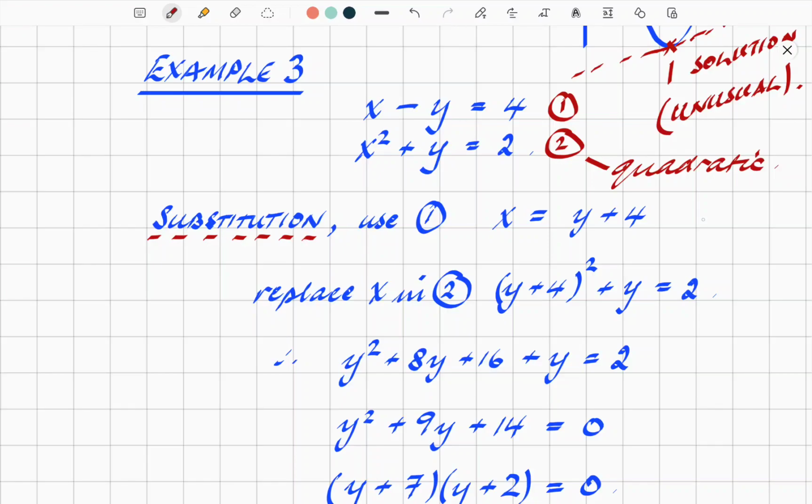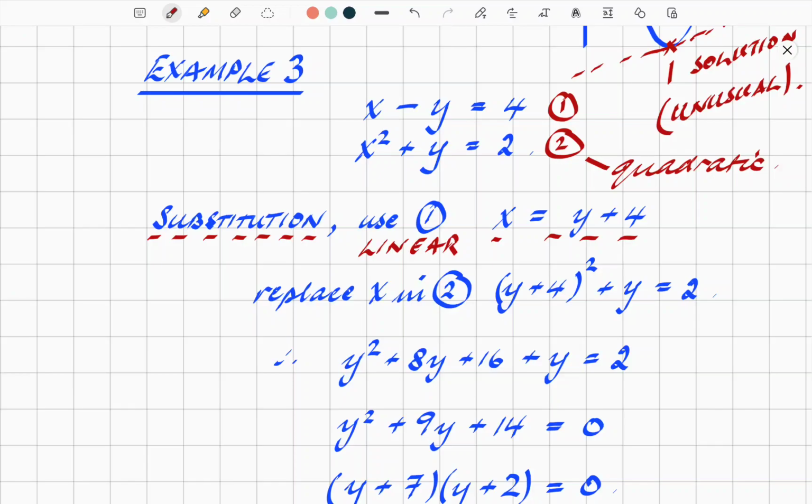Always use the linear equation and rearrange for whichever variable you prefer. You could choose to go y equals x minus 4 perhaps. It's up to you. It doesn't matter which way around you do it. I've chosen to go x equals y plus 4.